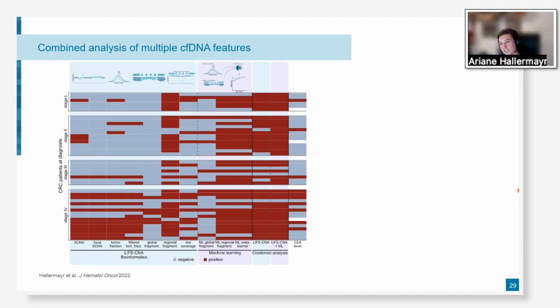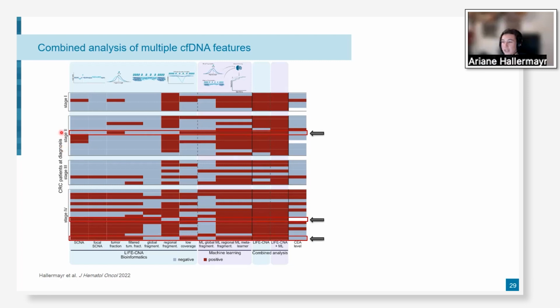However, with live CNA, I didn't aim to analyze the presence of ctDNA or the performance of individual cfDNA features, but I wanted to assess whether, by combining multiple cfDNA features, the ctDNA prediction or the sensitivity could even be improved. And here again, I have a plot sorted based on the disease stage where patient samples were collected at diagnosis, and each line represents one patient.